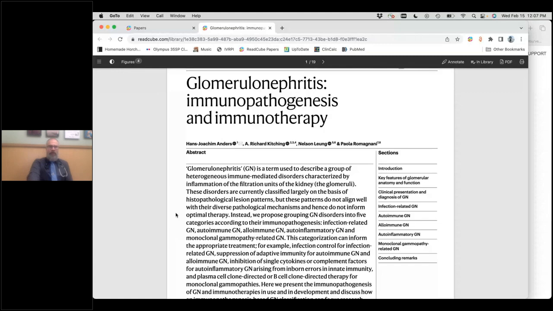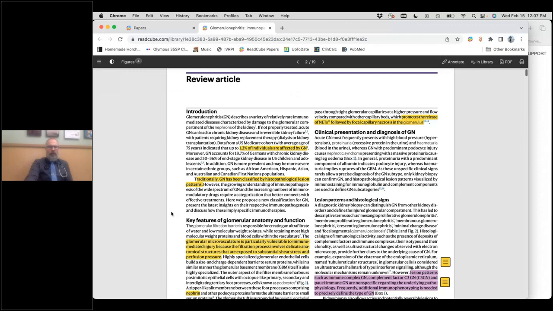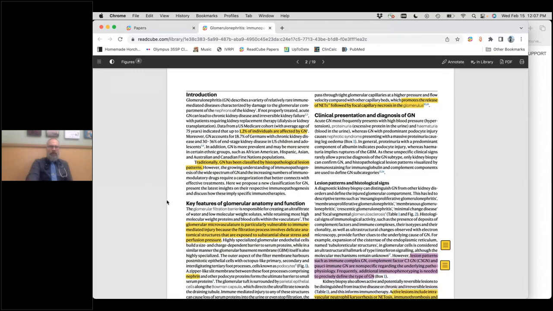So they obviously go through the overview of the glomerulus and what it does and what the pathologies might be.